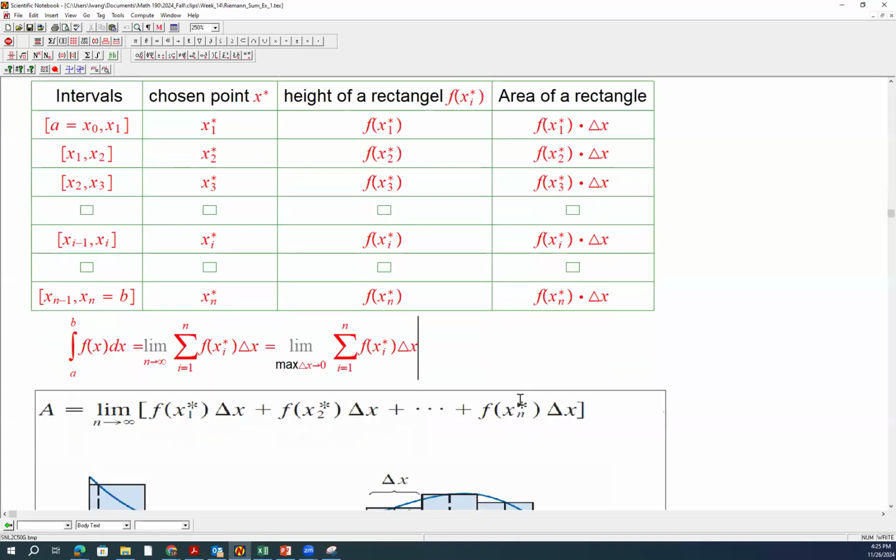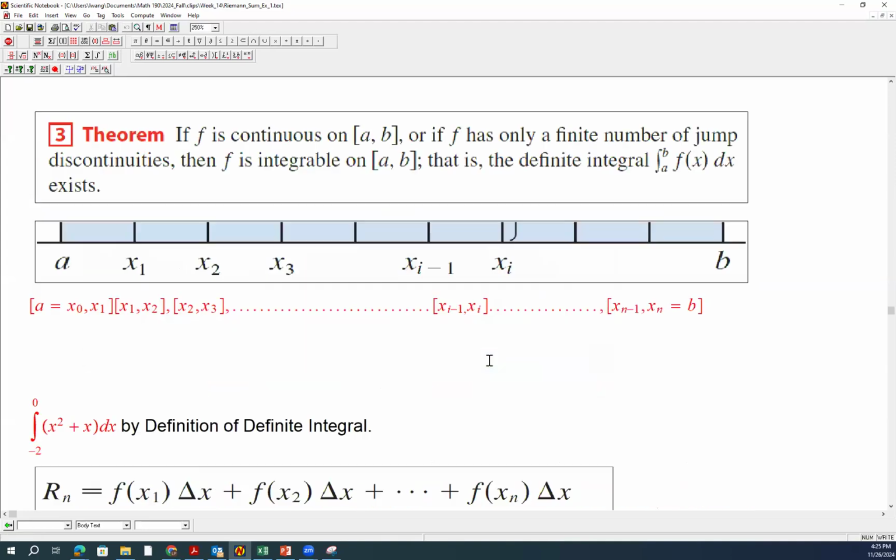So one of the choices to make it easy is to choose even width.